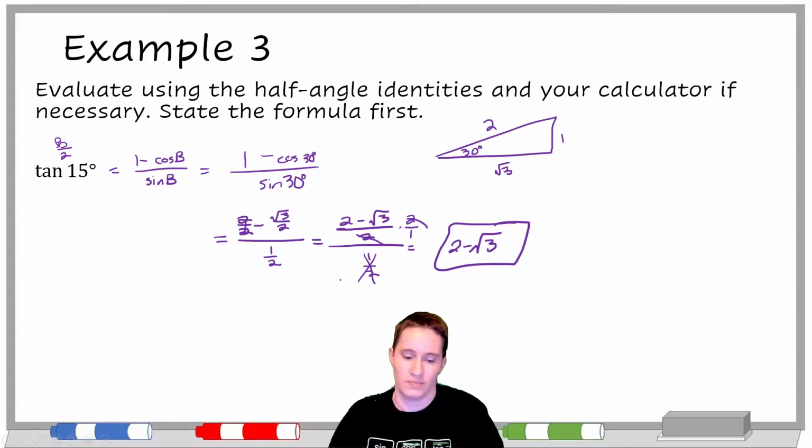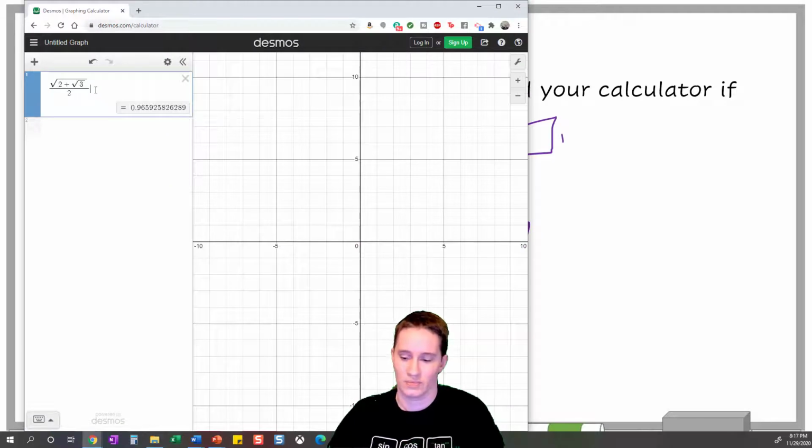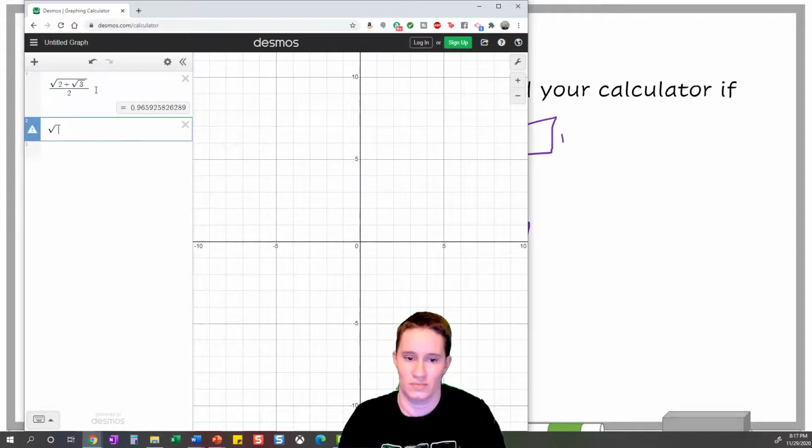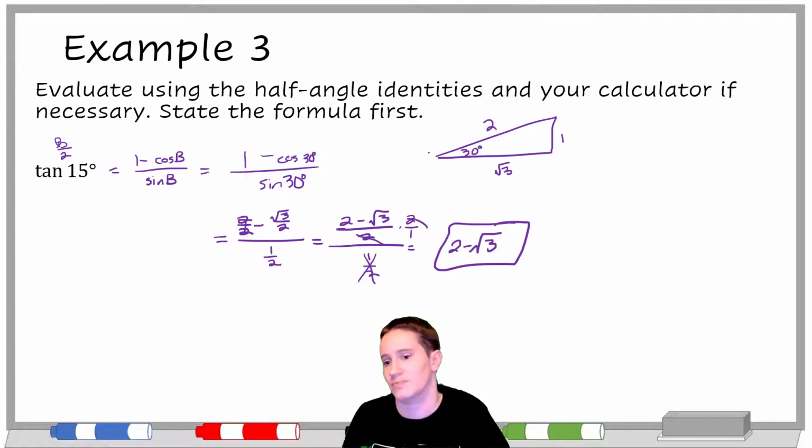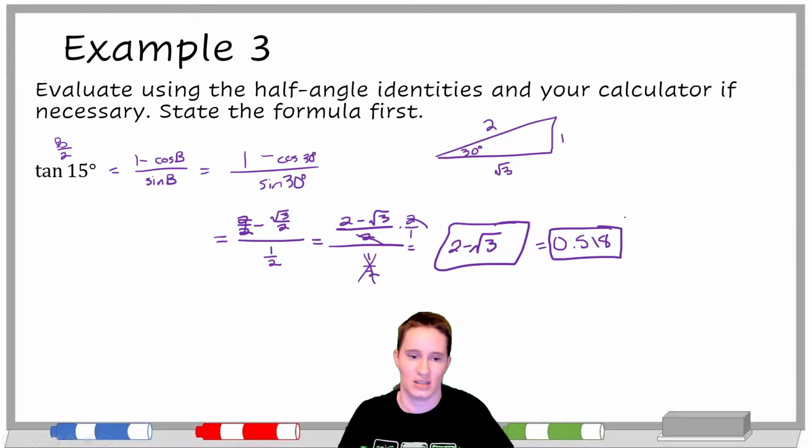Or 0.518. So that's using the half angle identities.